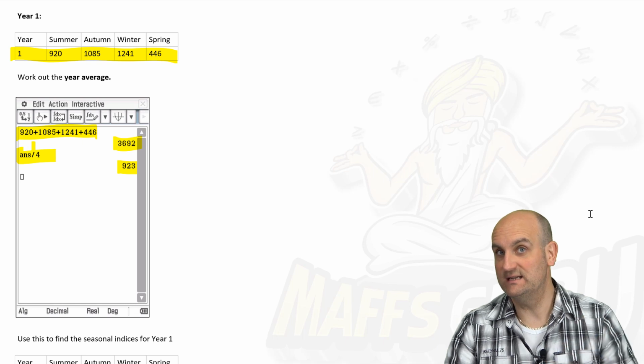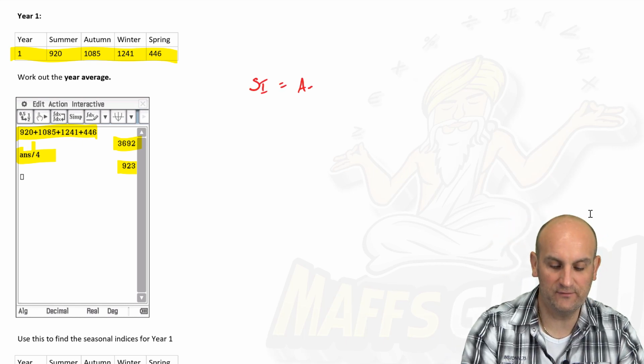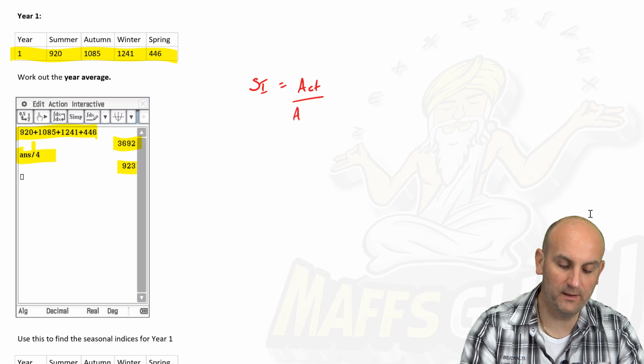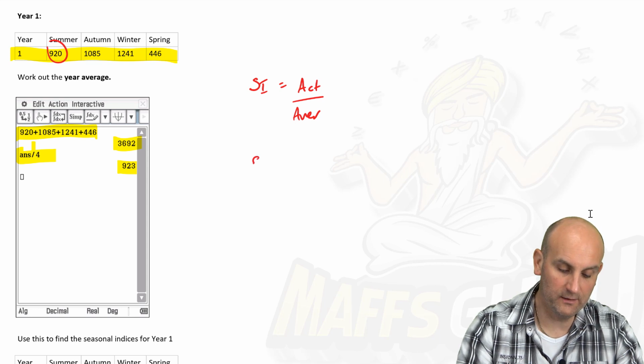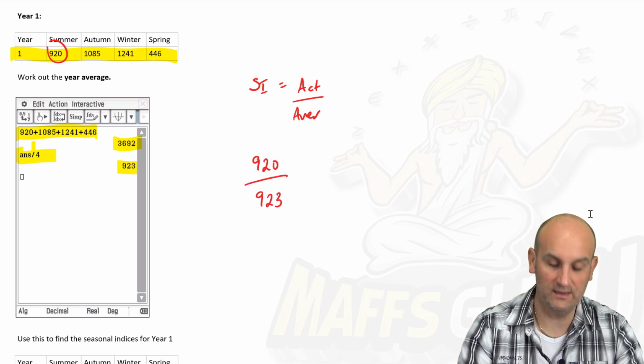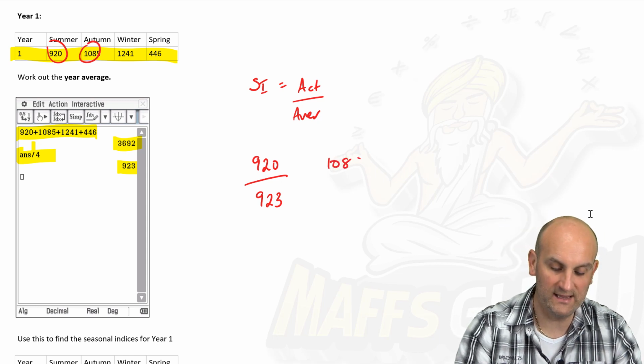How do we work out the seasonal index? The seasonal index, if you remember, is the actual value divided by the yearly average. So for this first value here, I'm going to do 920 divided by 923. That will give me the seasonal index for that value. For autumn, I'll do 1085 divided by 923.